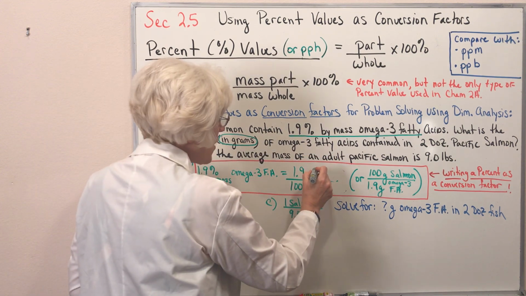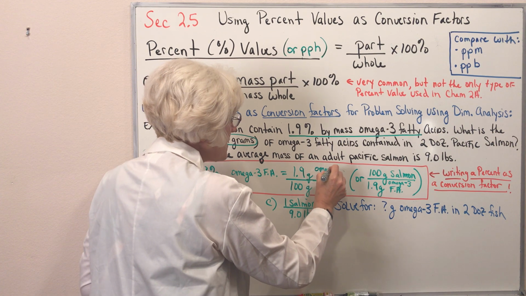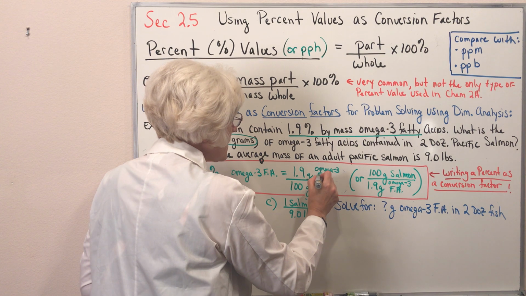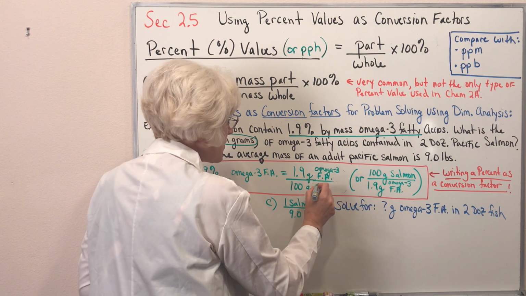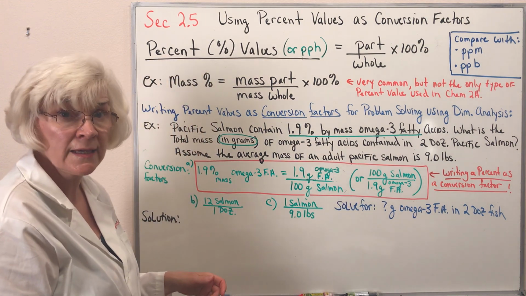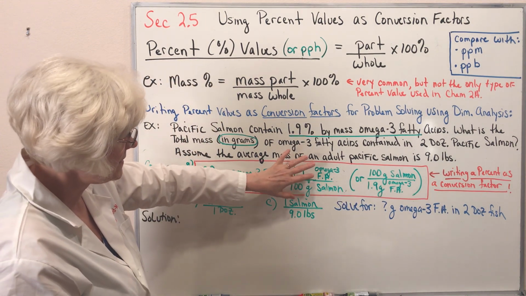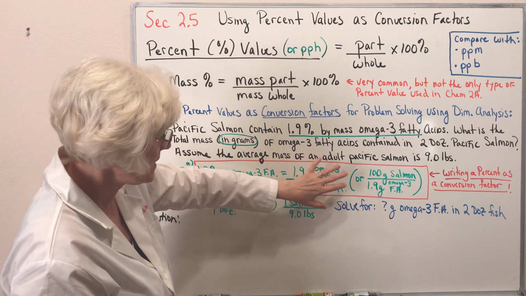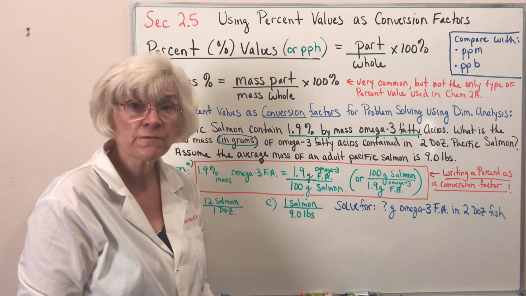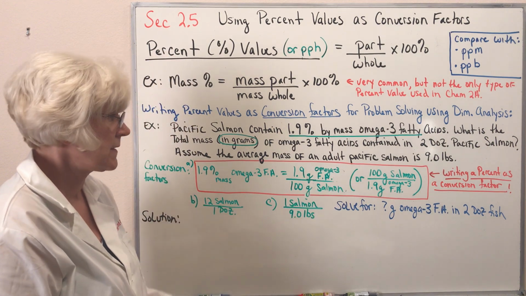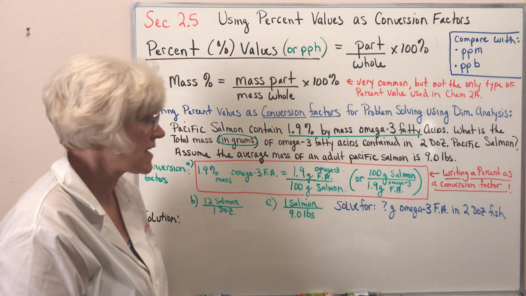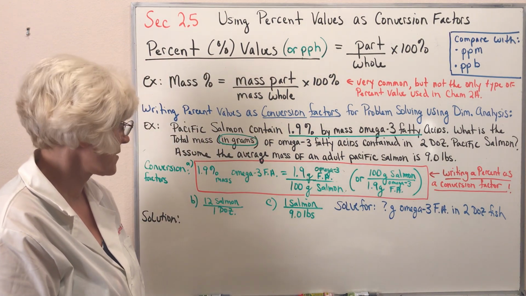So the labels are very helpful in telling you how to write the conversion factor in the setup. So I'm going to write those labels back in, and I recognize that if needed, I can take that mass percent and write it in its flipped or inverted form in my setup. So this is the procedure by which we would write a percent as a conversion factor.